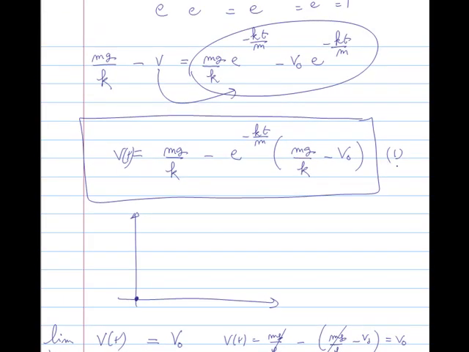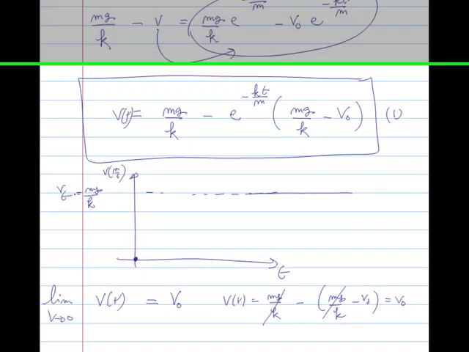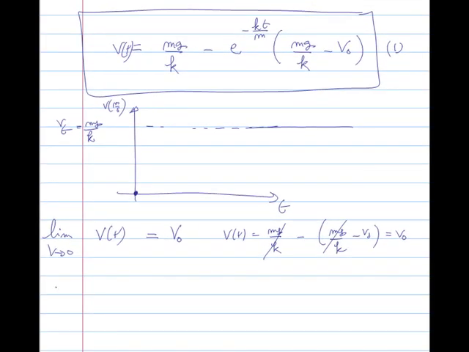Let's make sure that this functional form also matches our higher limit for t. We've seen earlier that this should be mg over k, which was our terminal velocity. So we know that we're going to reach the terminal velocity for a high value of t. So let's take the limit as t goes to infinity. Then we're going to get mg over k.